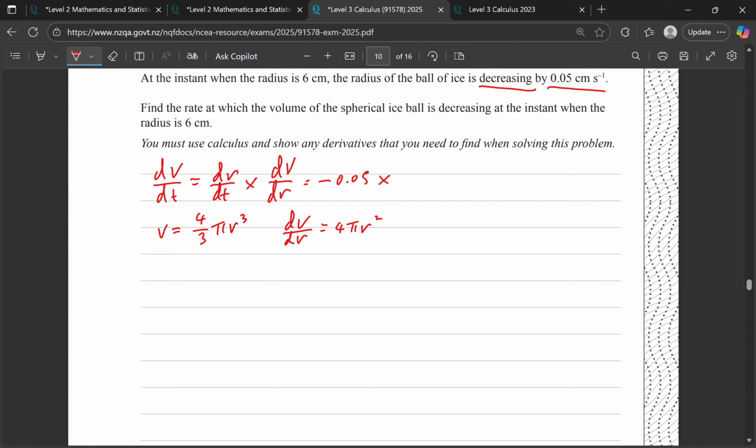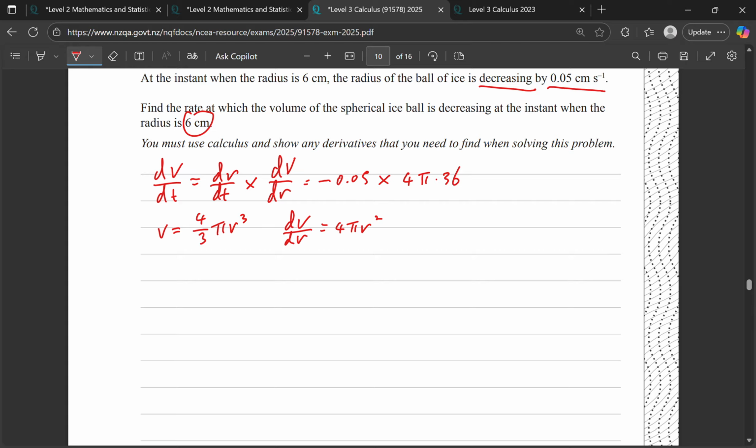Actually, this is the formula for the surface area of a sphere, isn't it? But anyway, we have to plug that in, and it says when the radius is 6. So we go 4 pi, r is 6 squared, which is 36.